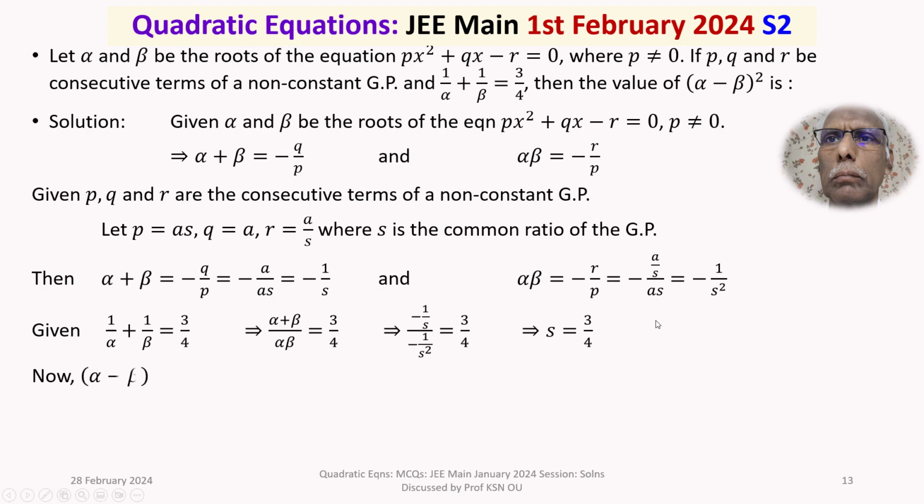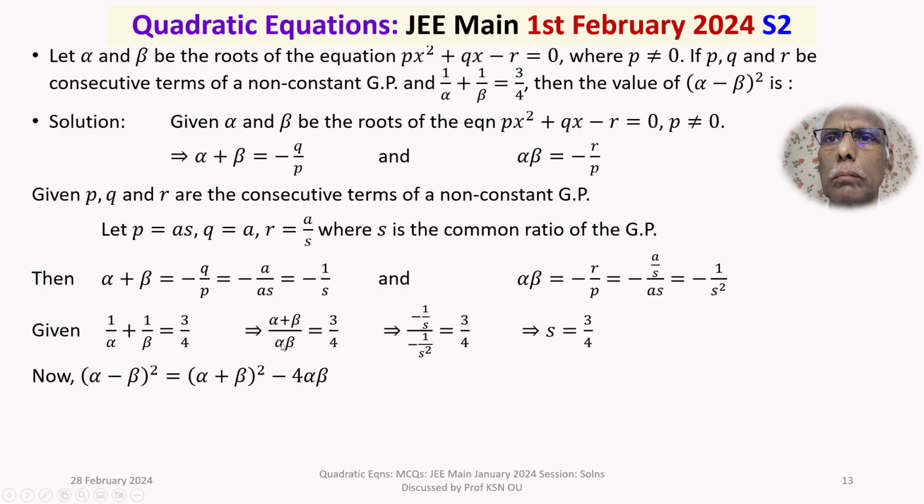Agreed. Now, what is to be found? We are asked to find the value of alpha minus beta whole square. And we have the identity: alpha minus beta whole square is equal to alpha plus beta whole square minus 4 alpha beta. Very well known identity. What is alpha plus beta?